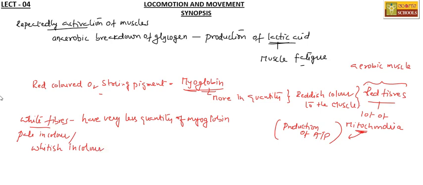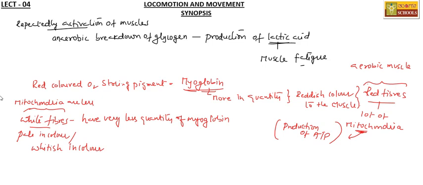Now in these white fibers, mitochondria are less, so hence generation of ATP will also be less. One more point is that in these white fibers, even though mitochondria are less, endoplasmic reticulum will be more.